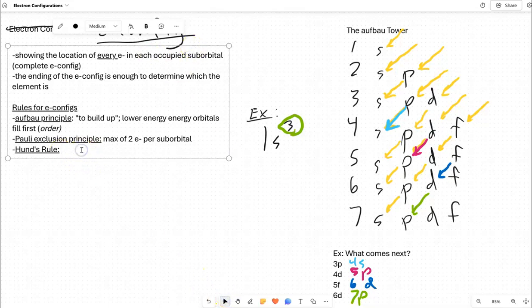It's kind of goofy. Because if we say that, off-bow is about order. Pauli is about max. Hund's rule is about spins. Pray tell what spins, you might ask.